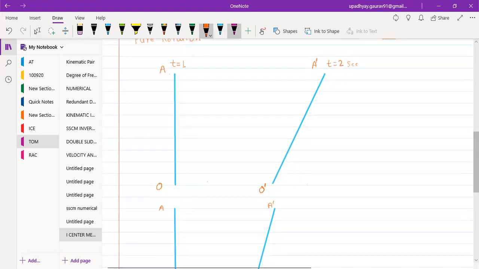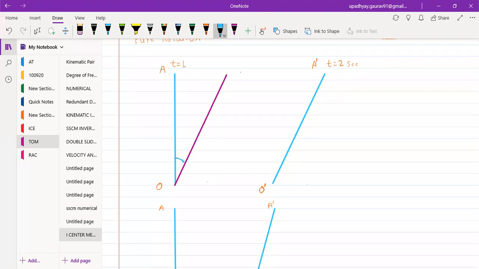So it might be possible that it has moved, initially, through this angle, then it has translated. What does it mean? Initially, I can assume that it has moved through a certain angle, say this is the theta, then it has translated from this place to that place. Is it possible or not?